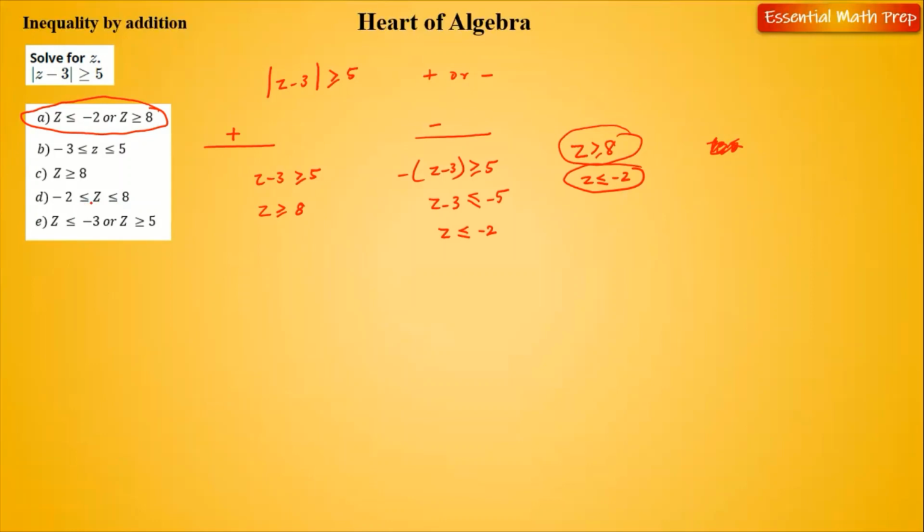Z is greater than or equal to 8. Here it's shown z is less than or equal to 8. So this fails. These all will fail right away. Z is greater than or equal to 8 is correct. But then z is less than or equal to negative 2 is also correct. So that's why this fails. So it's this. Because we don't even have a negative 3 or 5.